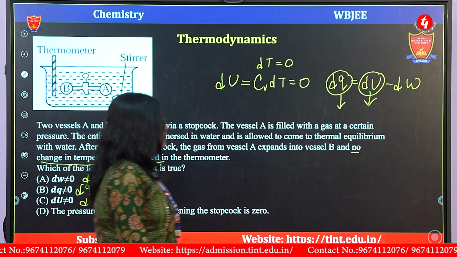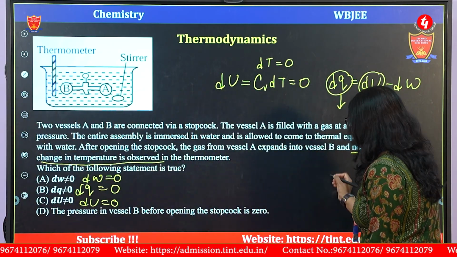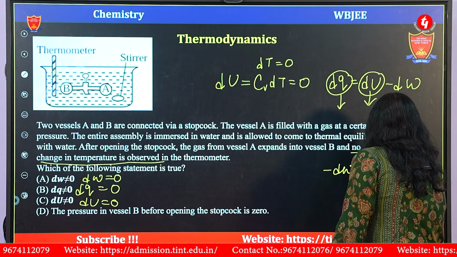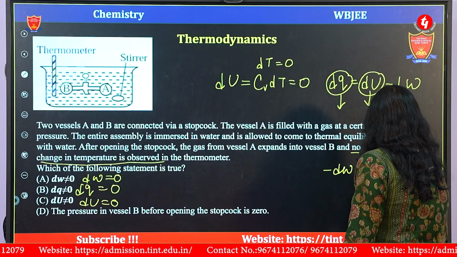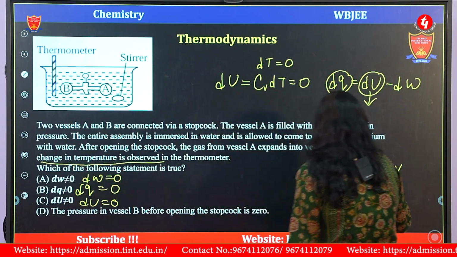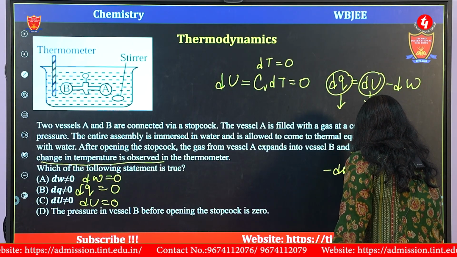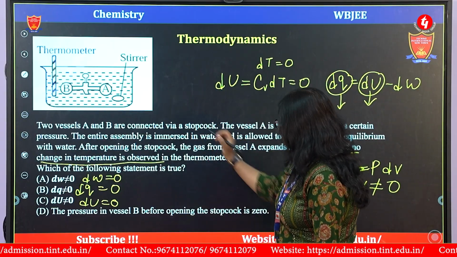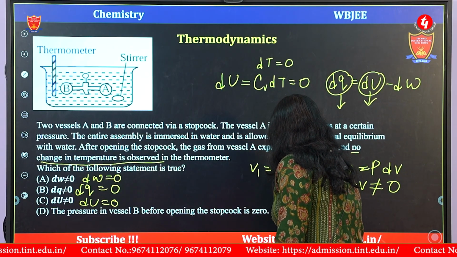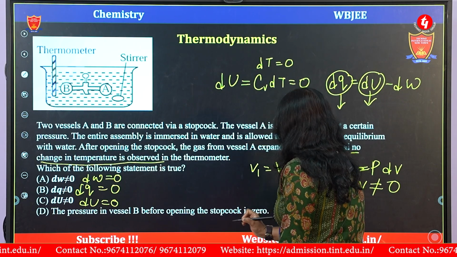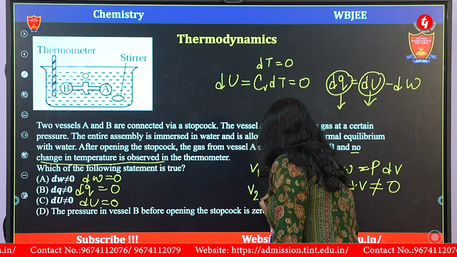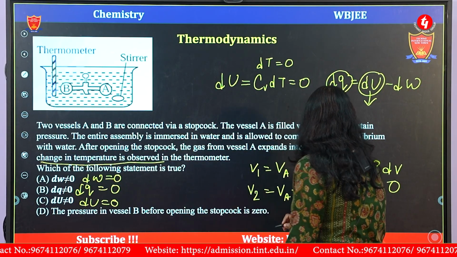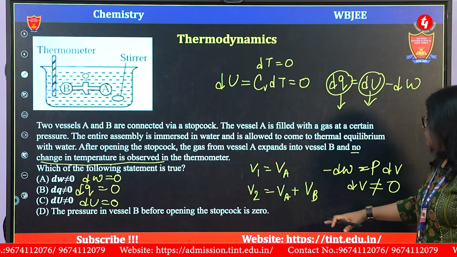Now, when dw is 0, dw is equal to P dV, and dV is not equal to 0, because the initial volume was V1, the volume of A, and V2 is the volume of A plus volume of B. So, dV is not equal to 0.